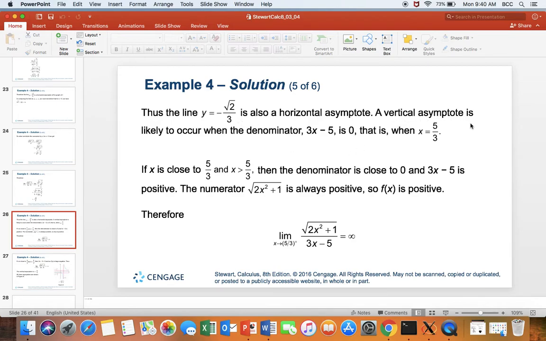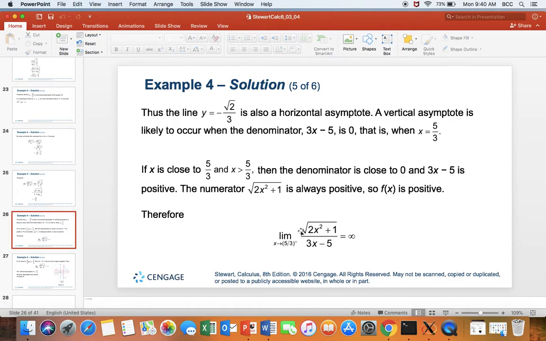What about the vertical asymptote? To find the vertical asymptote, you always look at the denominator. You set that to 0. When you set that to 0, you get x equals 5/3. So if x is close to 5/3, then the denominator is close to 0.